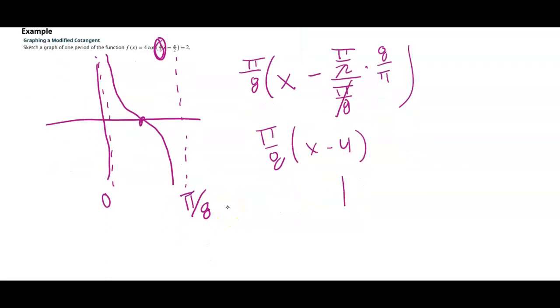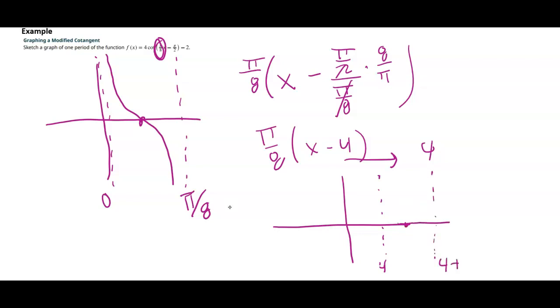Let me just draw a new thing. So instead of being at 0, it's going to be moved to the right 4, excuse me. So instead of being at 0, now that asymptote is at 4. I still have a 0 here. And then this asymptote is at 4 plus pi over 8.